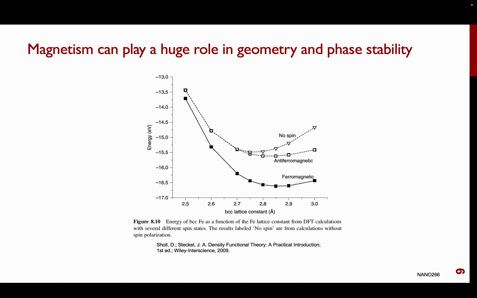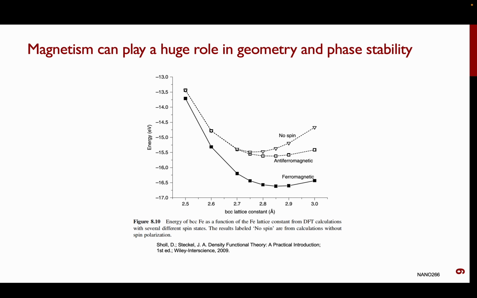But for something like, say, iron, which is going to be the subject of your lab number 3, magnetism is actually important because we all know iron is magnetic, right? So if you calculate the energy of iron for different magnetic ordering.